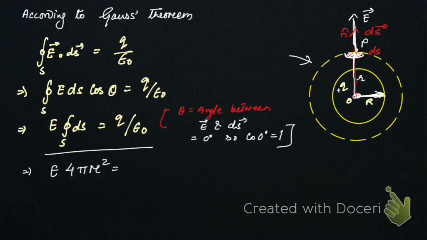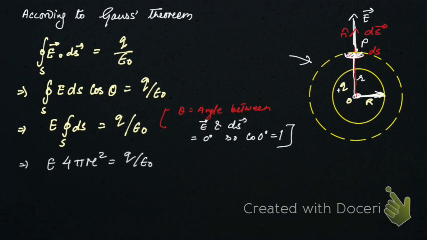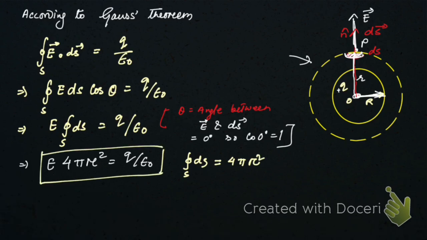So the surface integral of ds is nothing but 4 pi r square. Remember that. So this is what we have got.